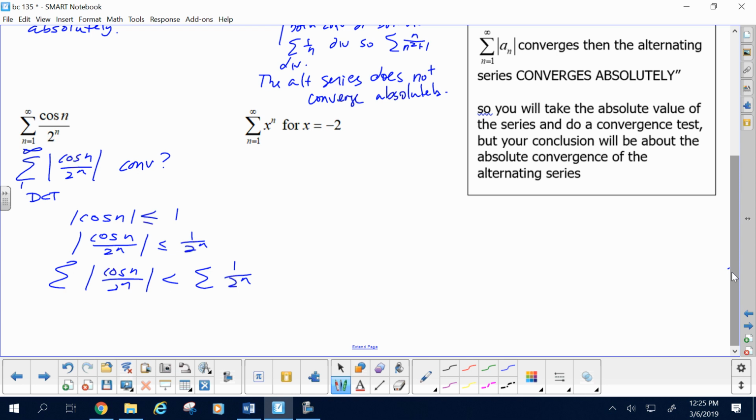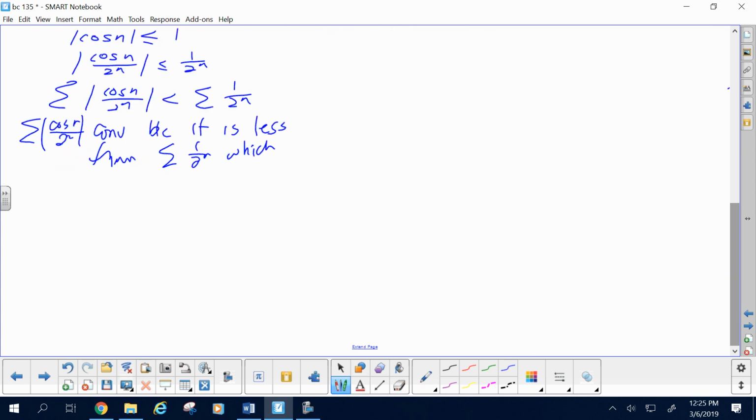So by that we could say that cosine of n over 2 to the n converges because it is less than 1 over 2 to the n, which converges. Why do we say that?